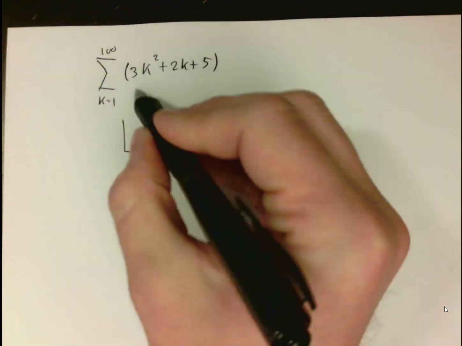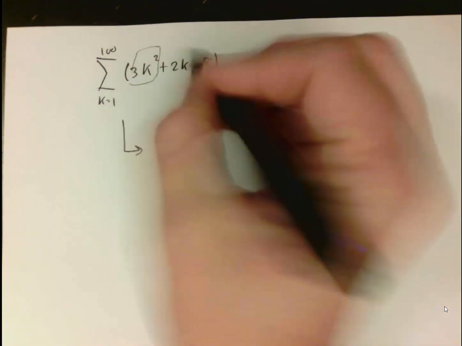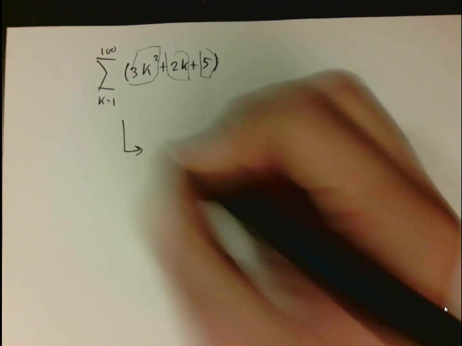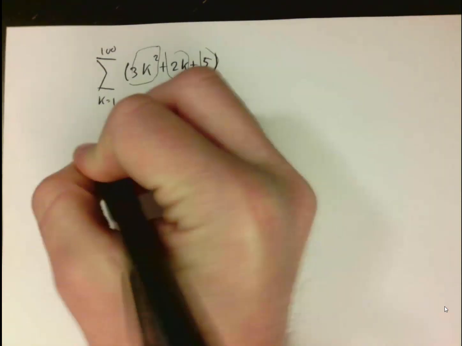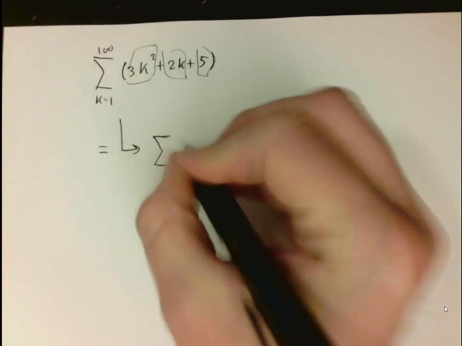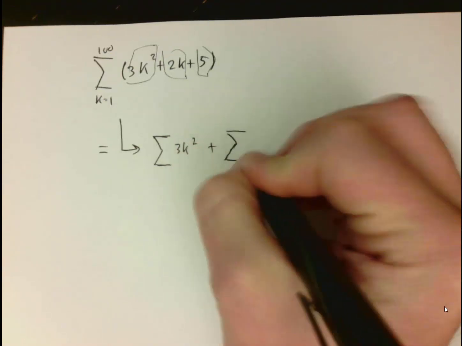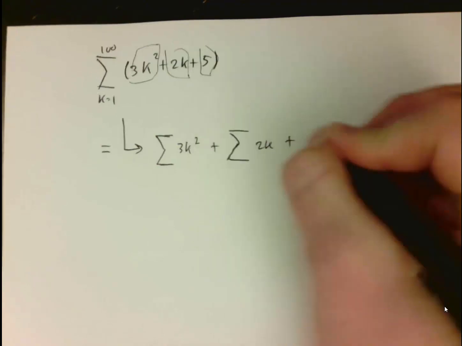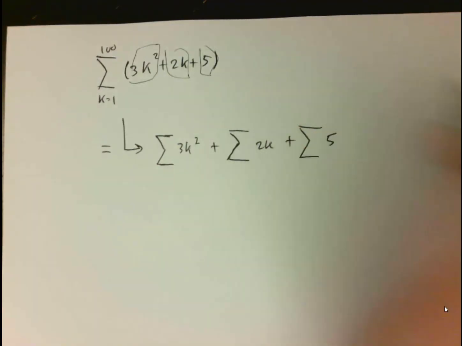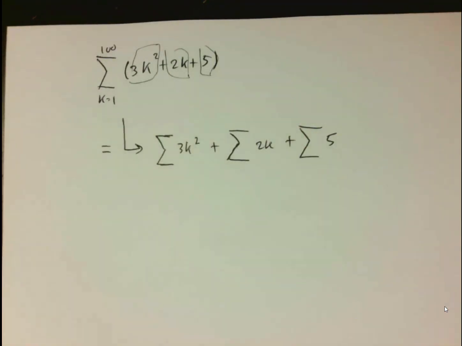So first, I could say the summation of, this is like 3 separate terms being added. So I could say this is equal to the summation of 3k squared plus the summation of 2k plus the summation of 5. And each of these summations is going from 1 to 100.